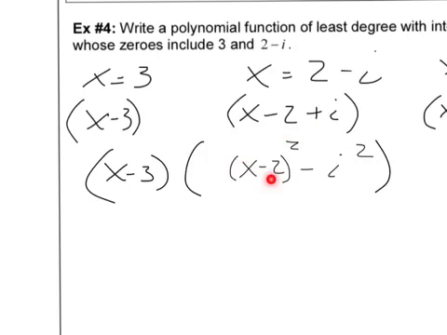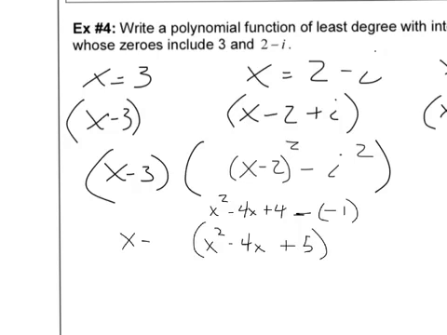So let's simplify this a little bit. We can use FOIL or the box method to simplify this down really quick, but we should get x squared minus 4x plus 4 minus, and i squared is actually a negative 1. So this is really x squared minus 4x plus 5, because that's a double negative.